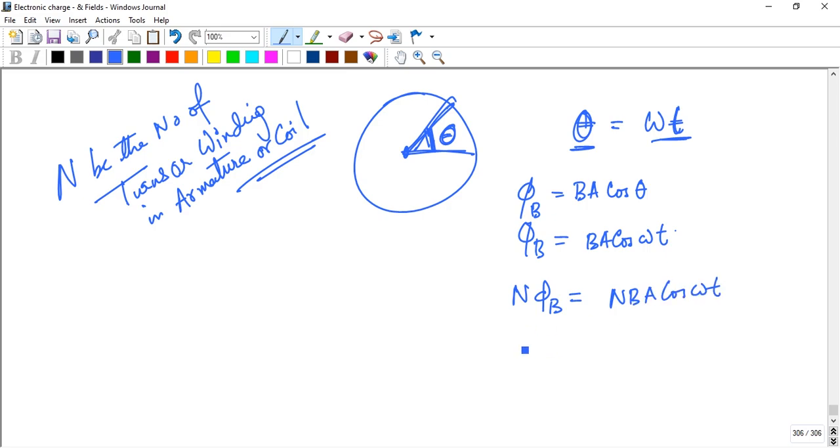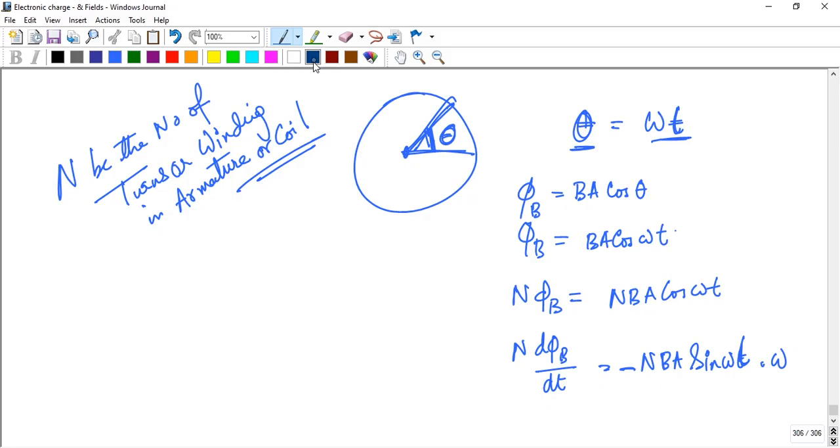Now differentiate both sides with respect to time: N d phi B by dt equals NBA, and cos becomes sine omega t, and differentiating omega t gives omega.